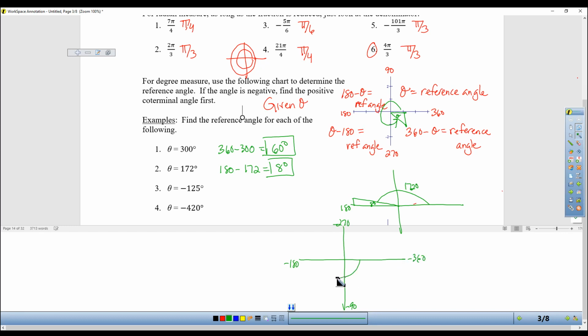So if I go negative 125, I'm somewhere in here, which means that I need to find what this angle is right here. So definitely a little bit trickier. There's no formula for this. Personally, I would just figure out what it is in the positive direction. So if you add 360, okay, then you can find the same angle in a positive way.